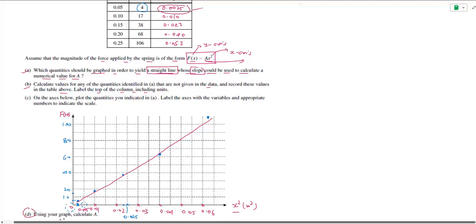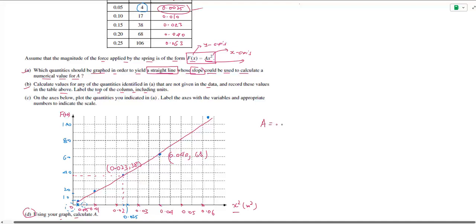In the D part, he is asking that using your graph, calculate the value of a. So you can consider any two points. Suppose I am considering this point, which represents 0.023 and 38, and the next point is 0.040 and 68.